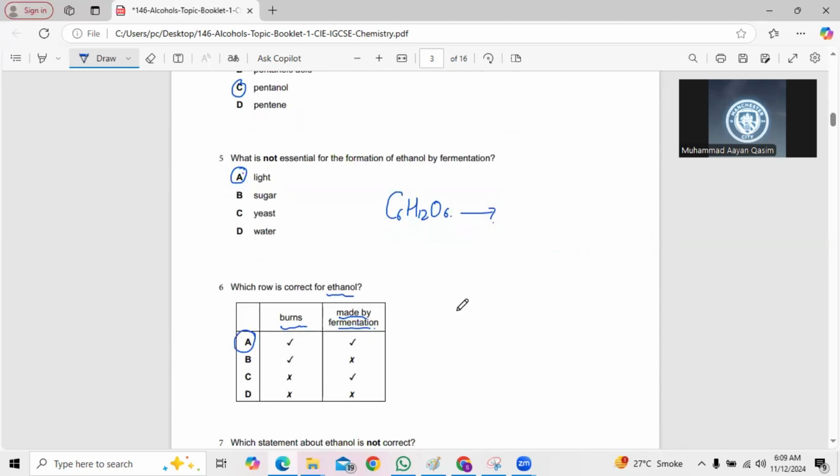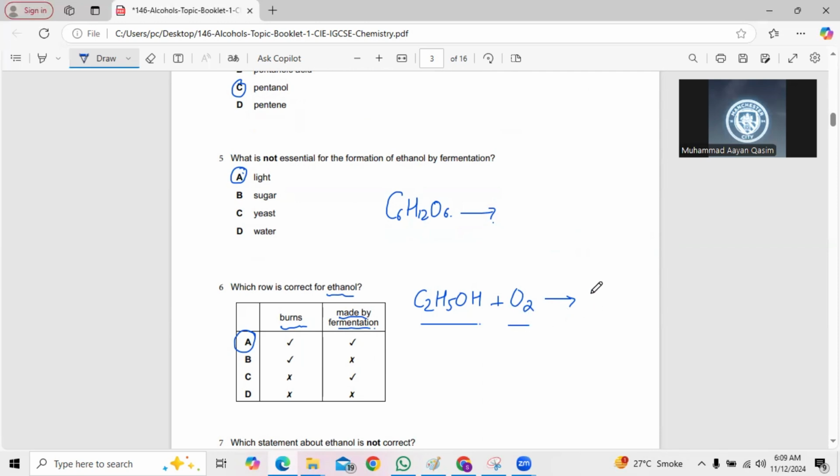Like you can see, this is going to be ethanol, C2H5OH. And when it reacts with oxygen, what will it form? Whenever there is a compound and it is burned, what two things are formed?